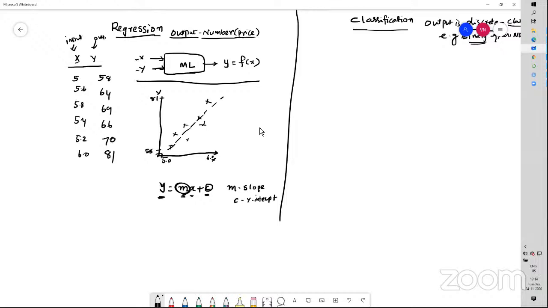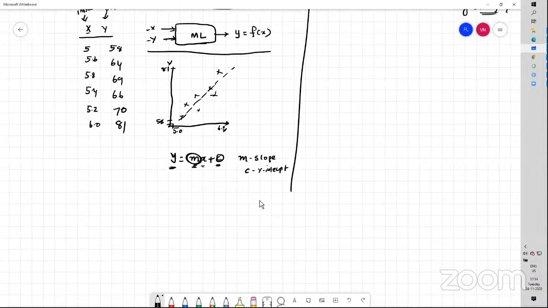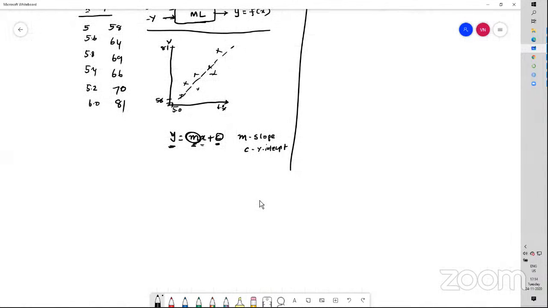Now, let's do this. What inputs do we have? 58 is equal to m, which is not known to me, so I will keep it as it is, into 5. So x is 5 for the first observation, plus c.